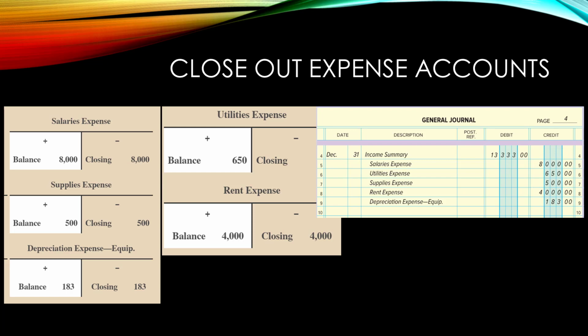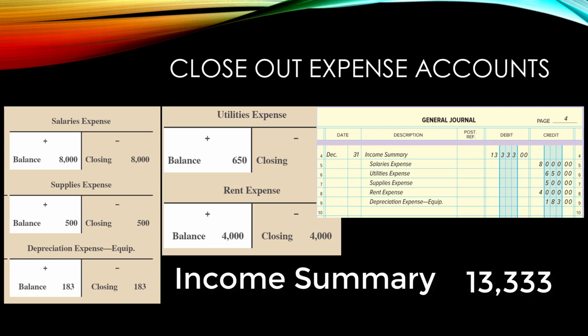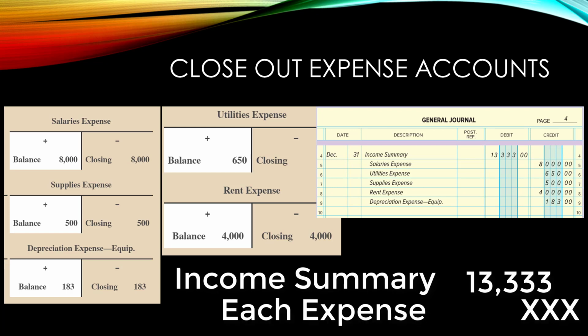Take a look at the journal entry. One single debit to Income Summary for the total of all the expenses added together, with individual credits for each expense account to wipe each one of them out to 0.